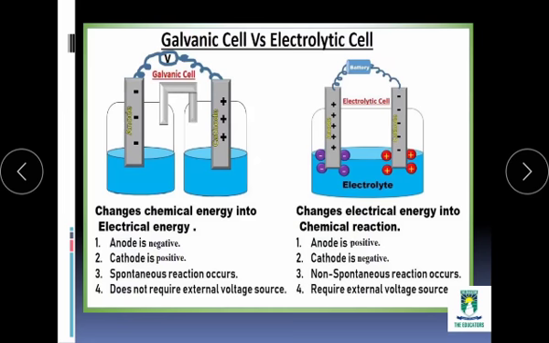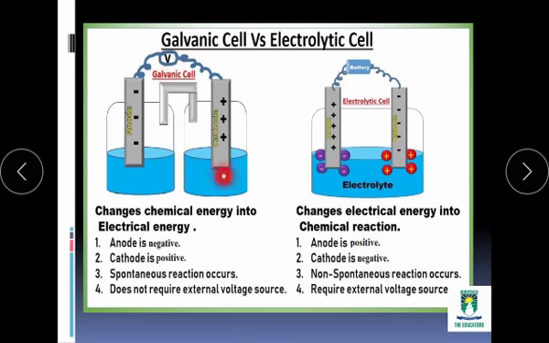Chemical energy into electrical energy in the case of a galvanic cell. When the negatively charged anode and positively charged cathode are dipped into a solution, first a chemical reaction takes place, and due to that chemical reaction some current is produced, which is measured by this voltmeter.